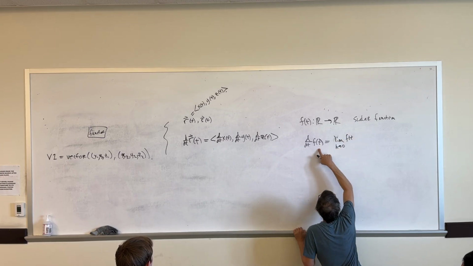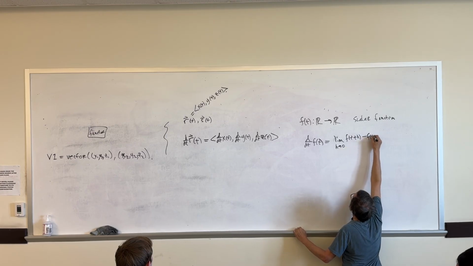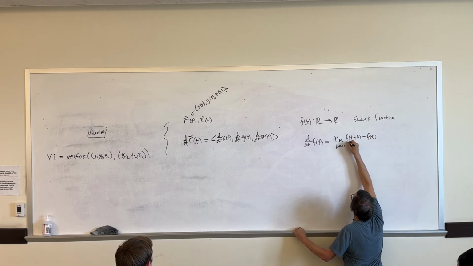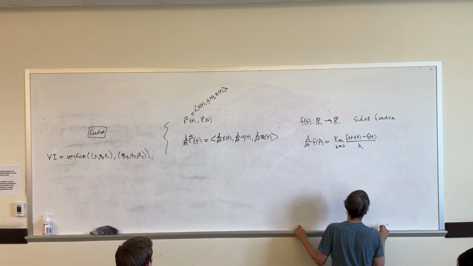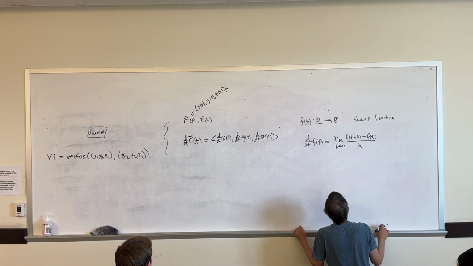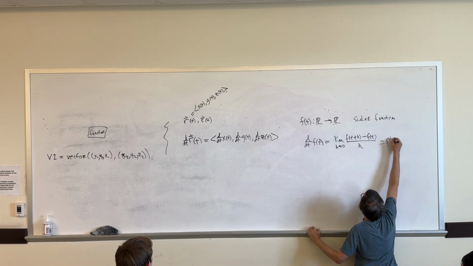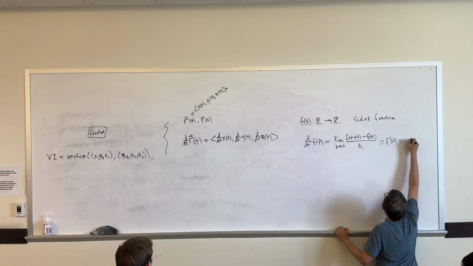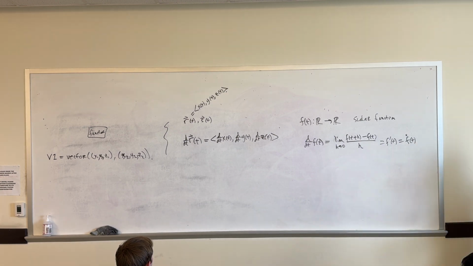I'm going to perturb the input by a tiny bit, h, and I'm going to subtract off the original input value, and I'm going to divide by the perturbation. And this limit is the first derivative, and for that we might also use f prime of t, and we might also use f dot of t, just notation. This shouldn't be super surprising. My gosh, I hope not.